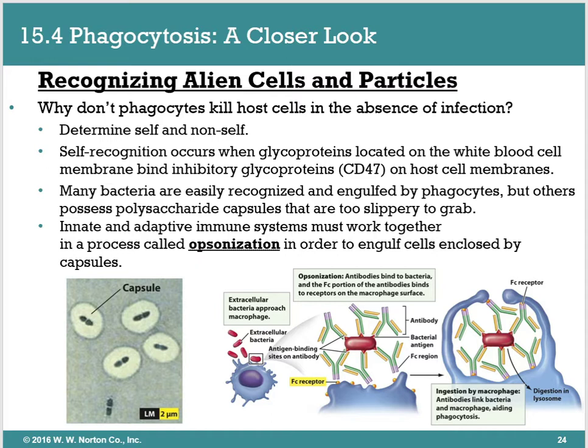Okay? Okie dokie. And then I do want you to know the definition of opsonization. Opsonization is a process where the innate and the adaptive immune system work together in order to facilitate phagocytosis, so that there can be optimal phagocytosis of cells that are not good to the host, to us.